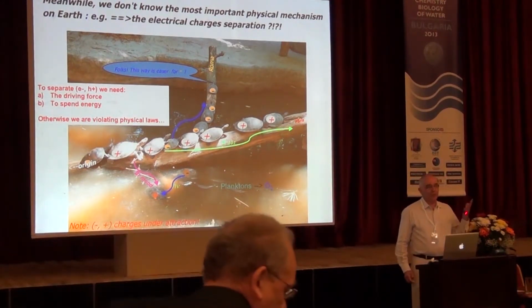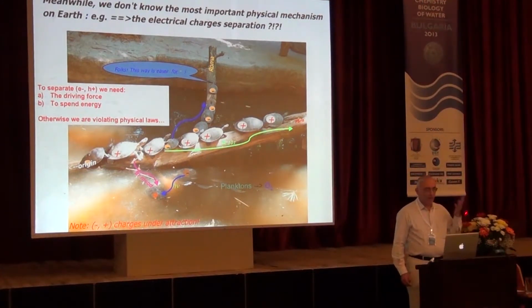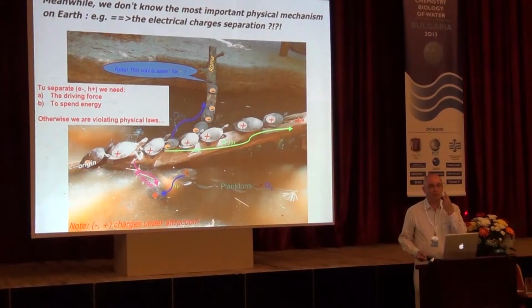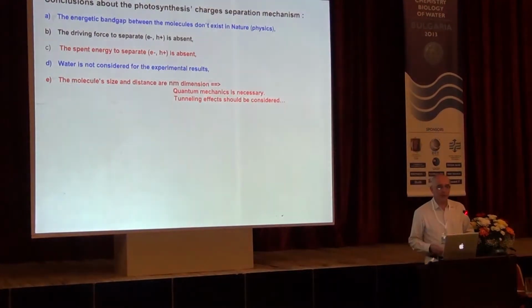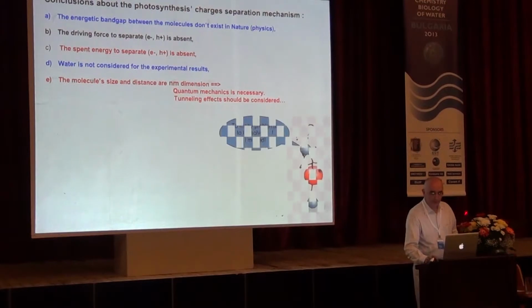So up to now, we have two big problems to explain photosynthesis. The driving force to separate negative charge from positive charge is not present. The spent energy to separate the negative charge from the positive charge is not present. Two big problems from physics, from nature. The conclusion about photosynthesis is a lot of questions.